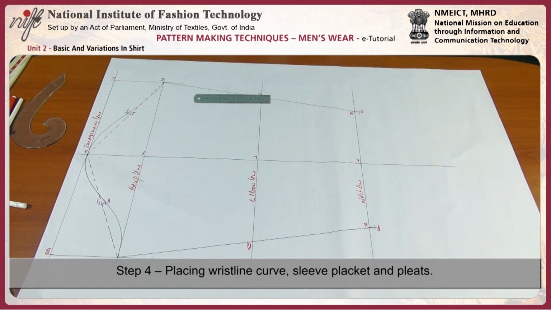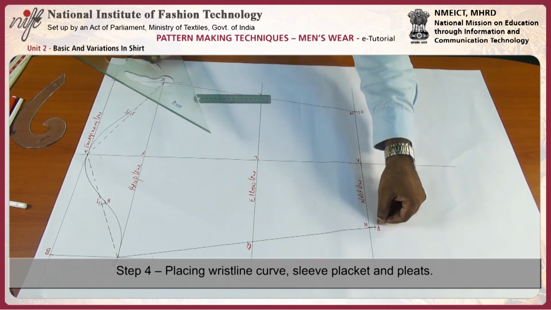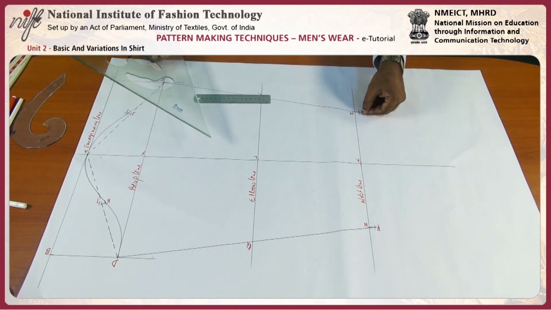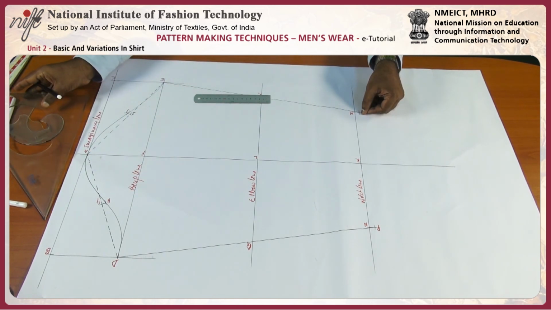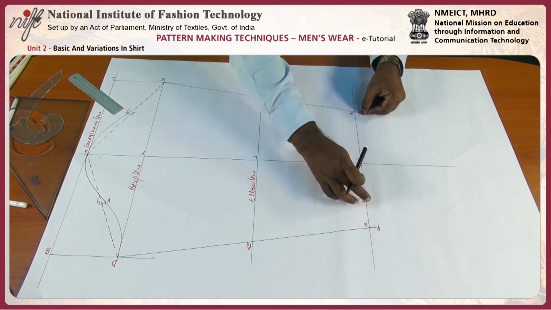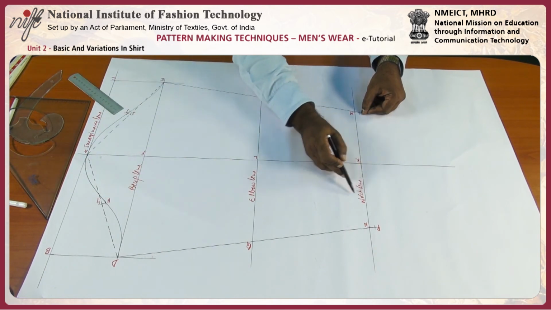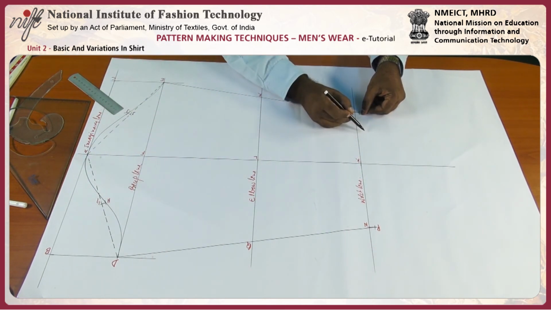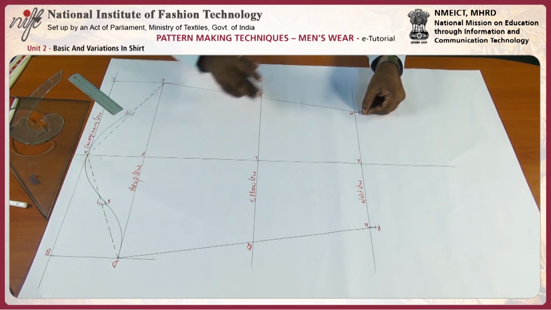Now let us proceed to step 4, where we are going to place the wrist line curve, and the placement of sleeve placket and pleats. The wrist line curve will be different because the back sleeve is longer than the front sleeve.